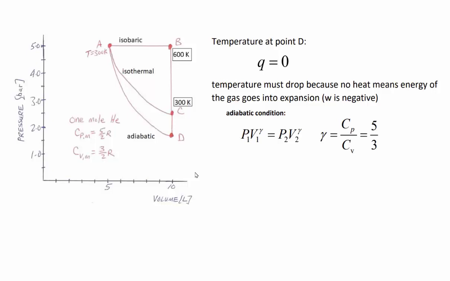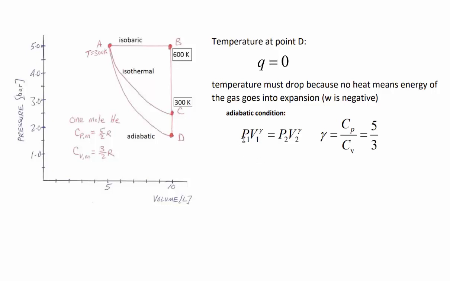We're going to need to determine the temperature by considering the adiabatic condition. Just like we have Boyle's law for an ideal gas at constant temperature, P1V1 equals P2V2, a very similar equation exists for adiabatic conditions, and it merely adds a power to the volume in the equation.